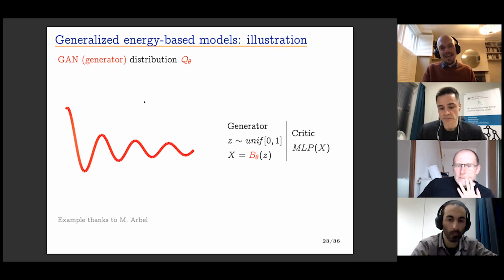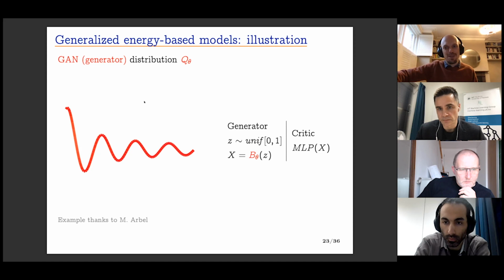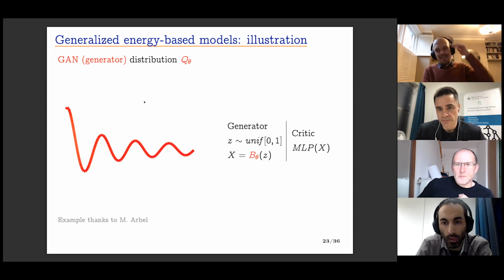So in training such models, we would architect them differently to a GAN because we would allow the generator to place mass very broadly. And then we'd rely on our critic function to basically throw away parts of the space which don't matter. This is what our critic function can do. This is what it is good at. That I think is a direction to explore.